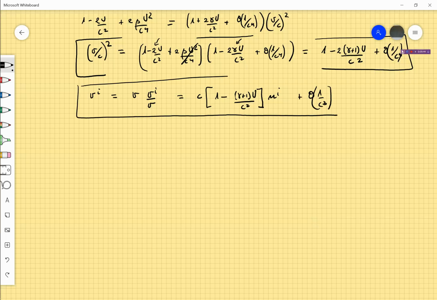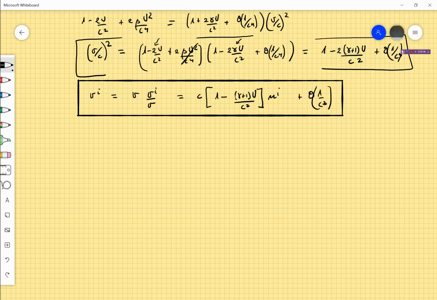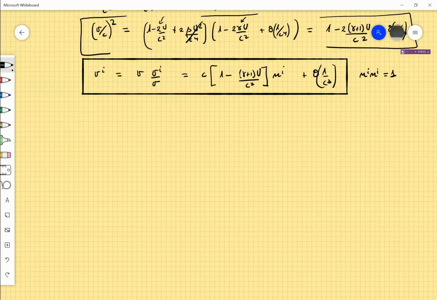So this is the next expression that we want. This n^i is such that its absolute value is 1. It's a vector that points in the direction of motion, but has absolute value 1.